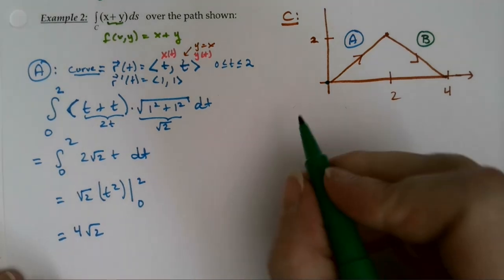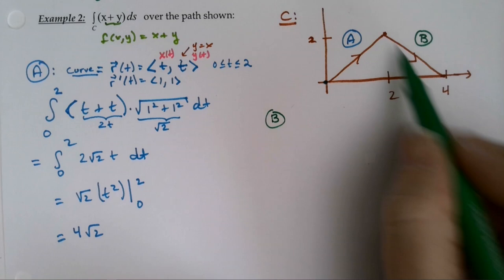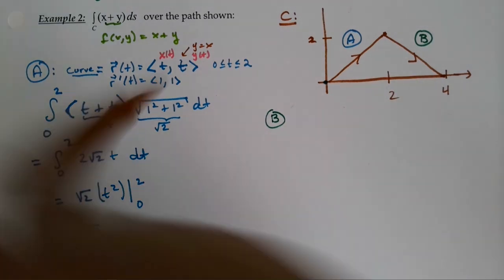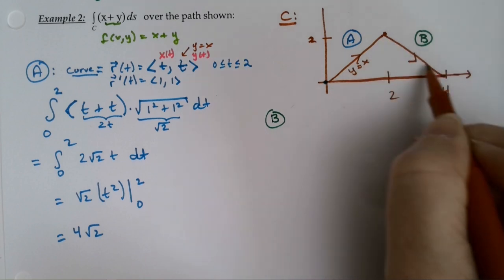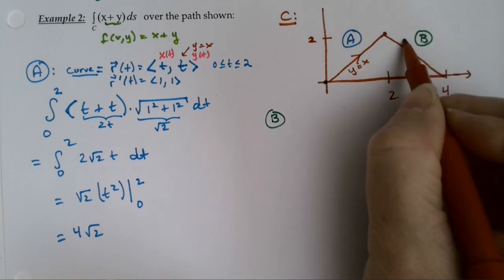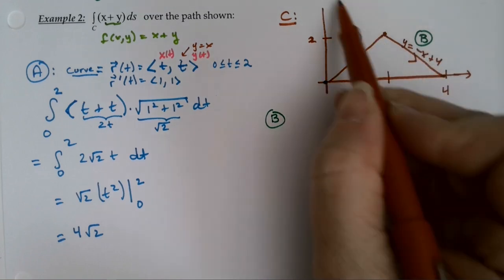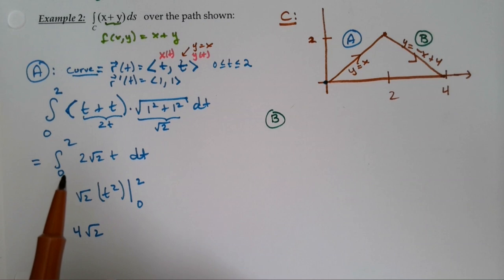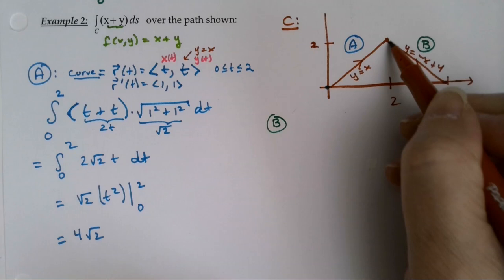All right, let's do part B, and I'm going to have to fit it in over here. Now part B, I need to think about the equation of this line. So this is y equals x over here. This is negative x for the slope plus 4, because if I went all the way back, it would go to 4. In other words, you could also just use 2 points.